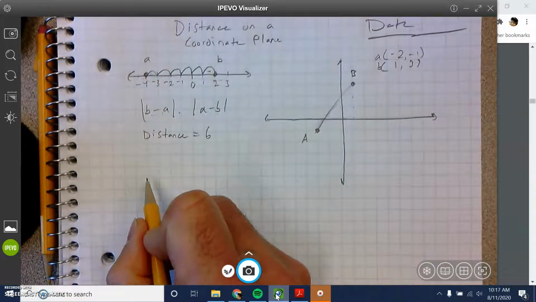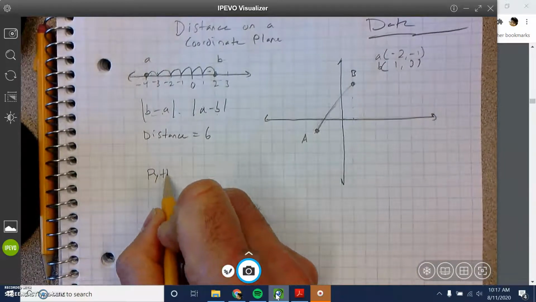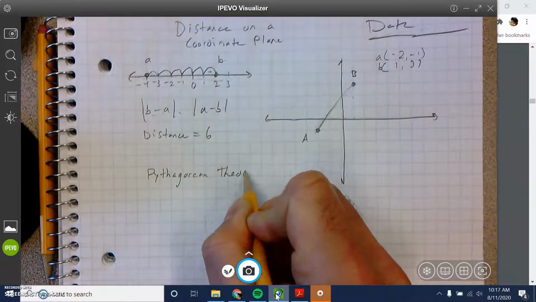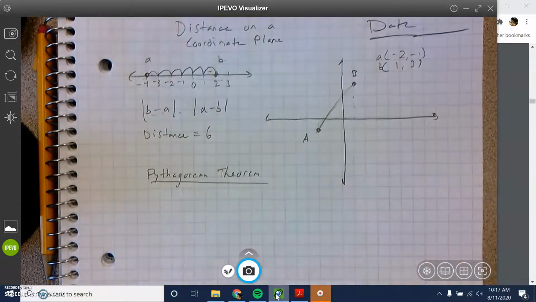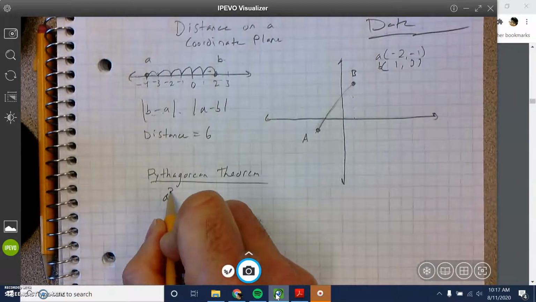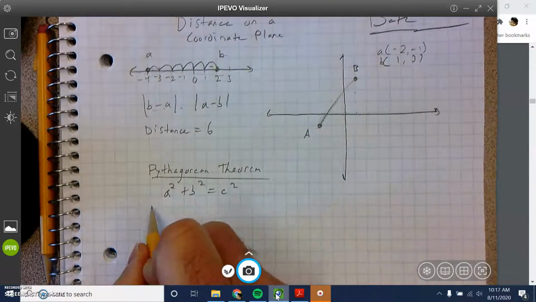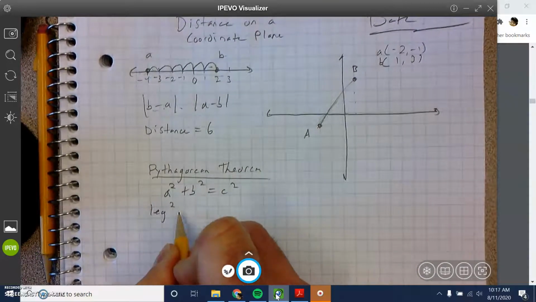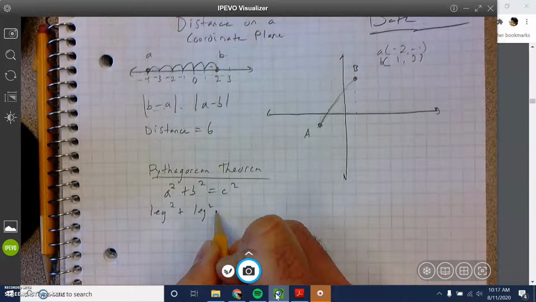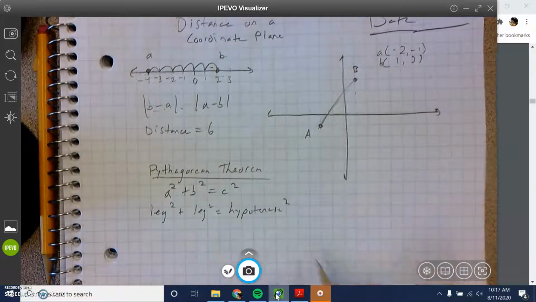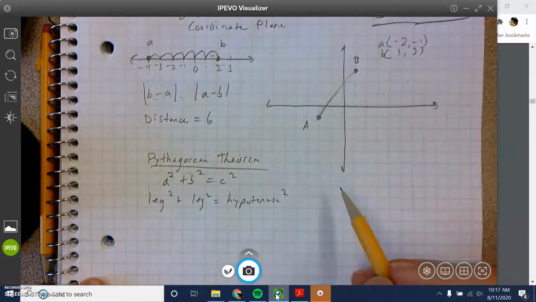So one way to solve this is through the Pythagorean theorem, which is a squared plus b squared equals c squared, aka leg squared plus leg squared equals hypotenuse squared.